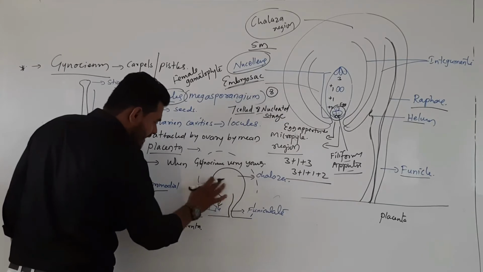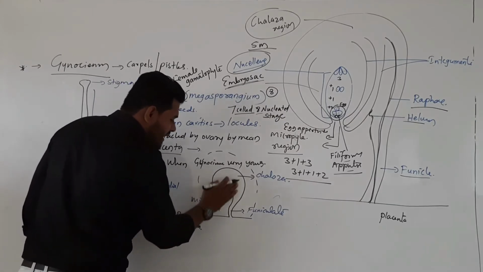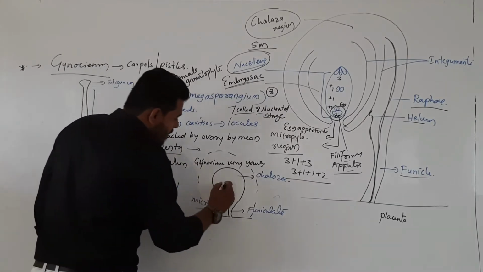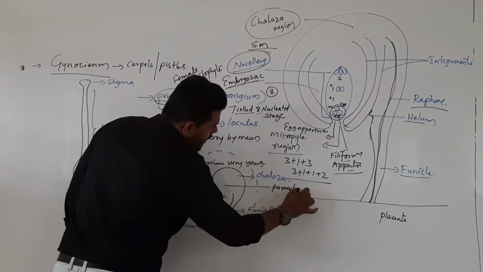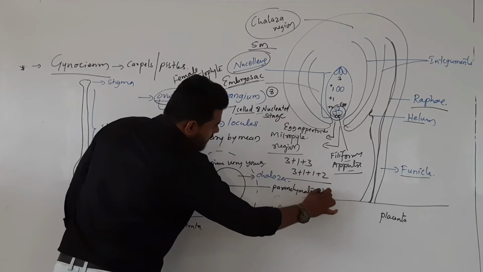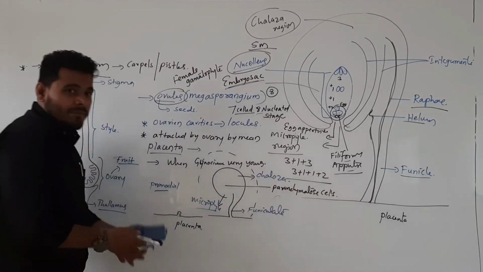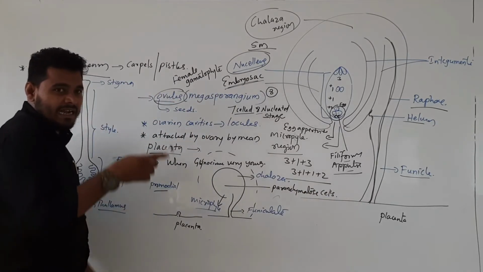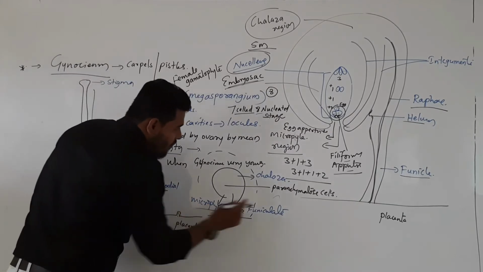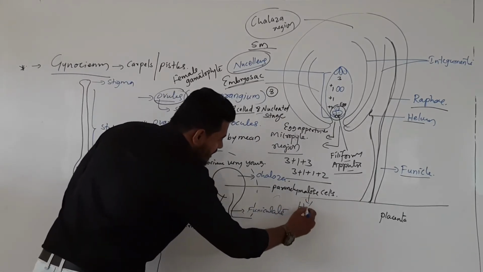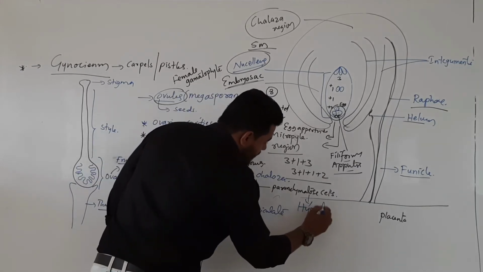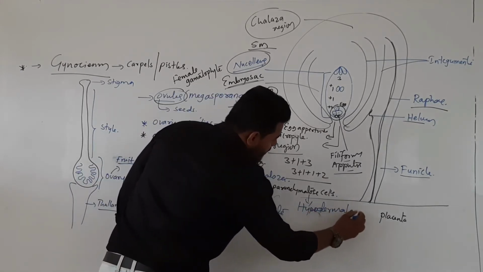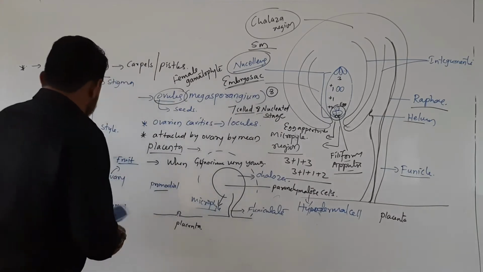At the initial time, this entire ovule is composed of parenchymatous cells. Some of the parenchymatous cells at the micropyle region differentiate into hypodermal cells.